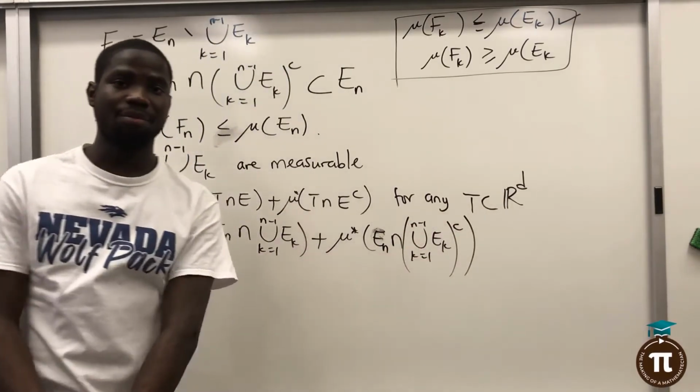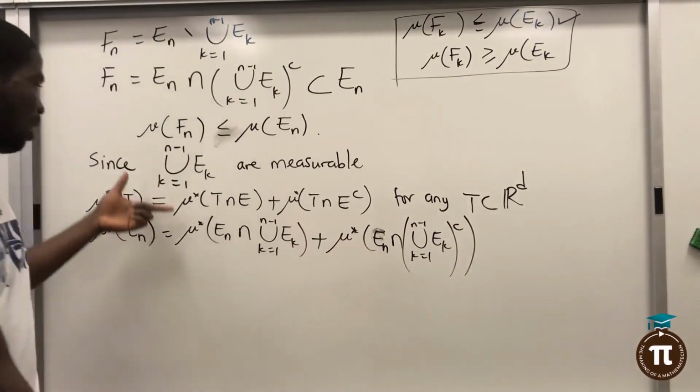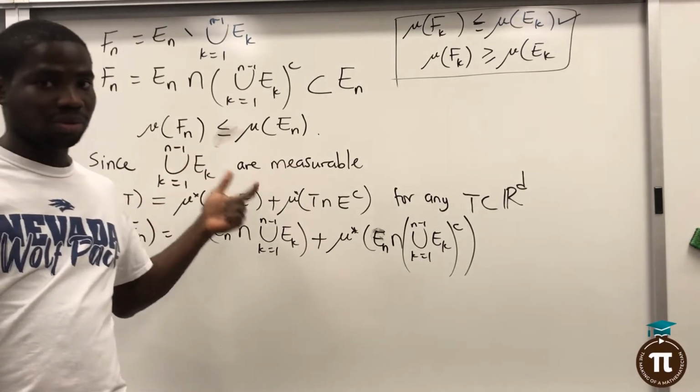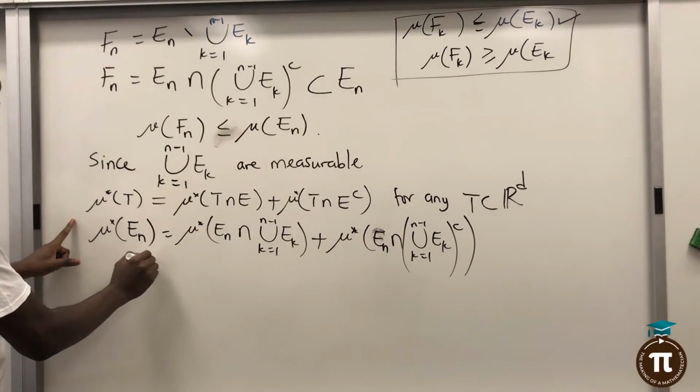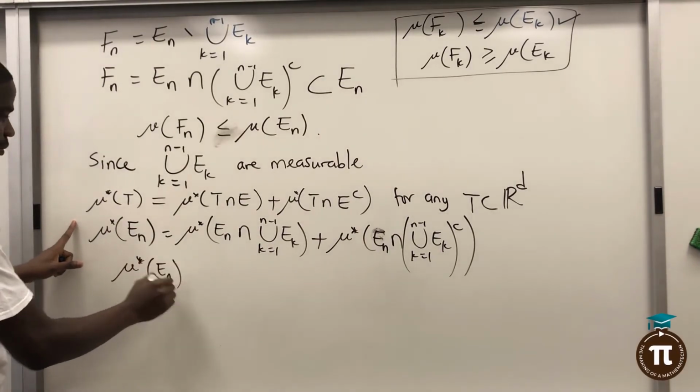That is what you will have, by the definition of the outer measure, the countable condition. So now, this is the outer measure of E_n.